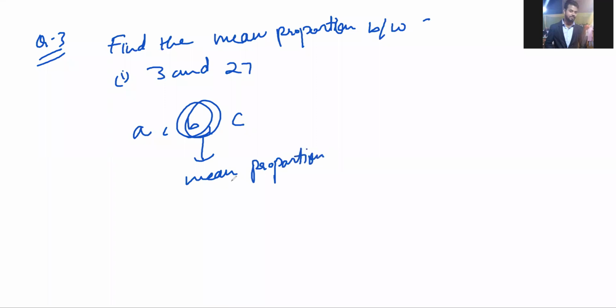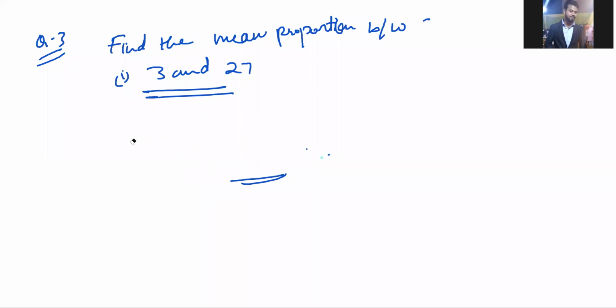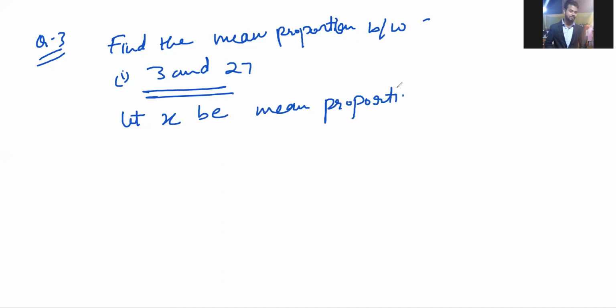Okay, so in this we have to find the mean proportion. So now let us do this. We will say, let X be mean proportion. So if X is mean proportion, then 3 comma X comma 27 are in continued proportion.